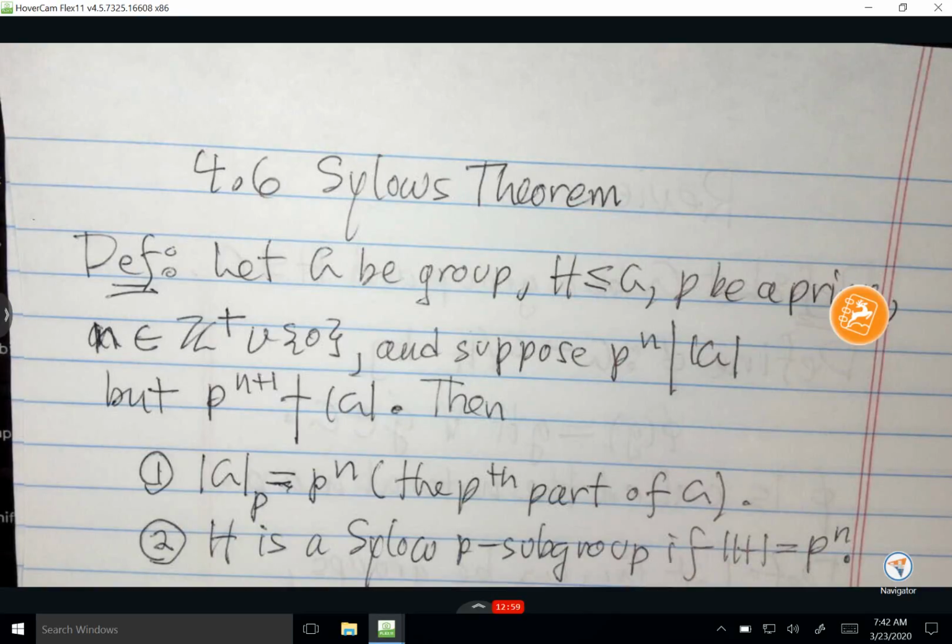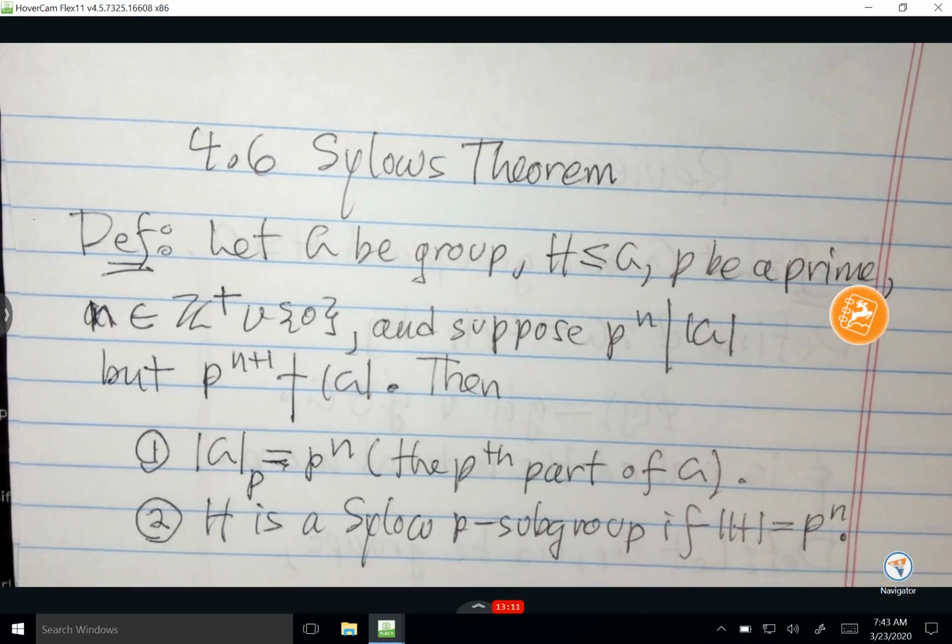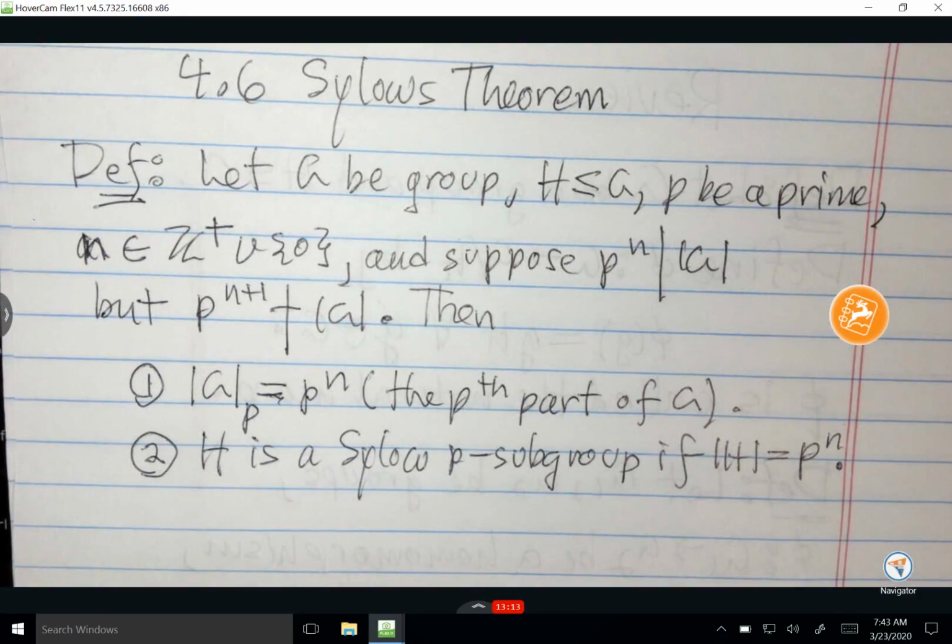Now, you might wonder if a group has a subgroup like this. I mean, maybe it doesn't. You never know. Maybe no subgroup of a group would have the order being the pth part of the group for a given prime p. But, not knowing that there are any of these subgroups, we could still, if there are, collect them and put them in a bag. Put them into a nice big set.